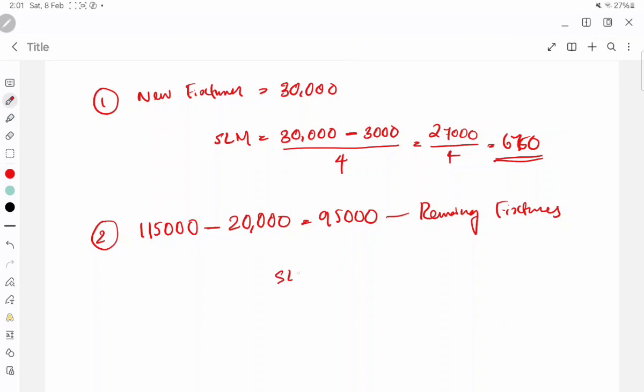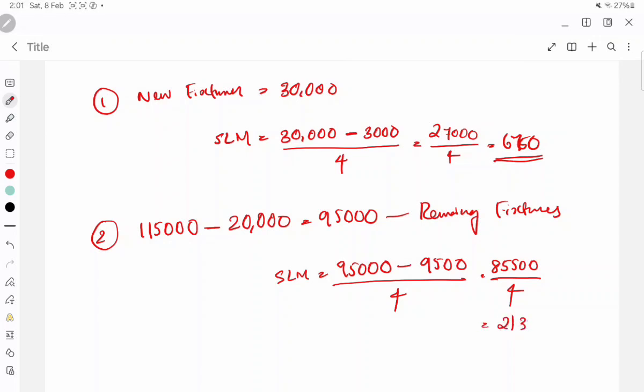That also will be using the straight line method. 95,000 minus the residual value of 10%, which is 9,500, divided by 4, same. So 95,000 minus 9,500 will be 85,500, divided by 4, which will be 21,375. This also we need to transfer to the income statement.